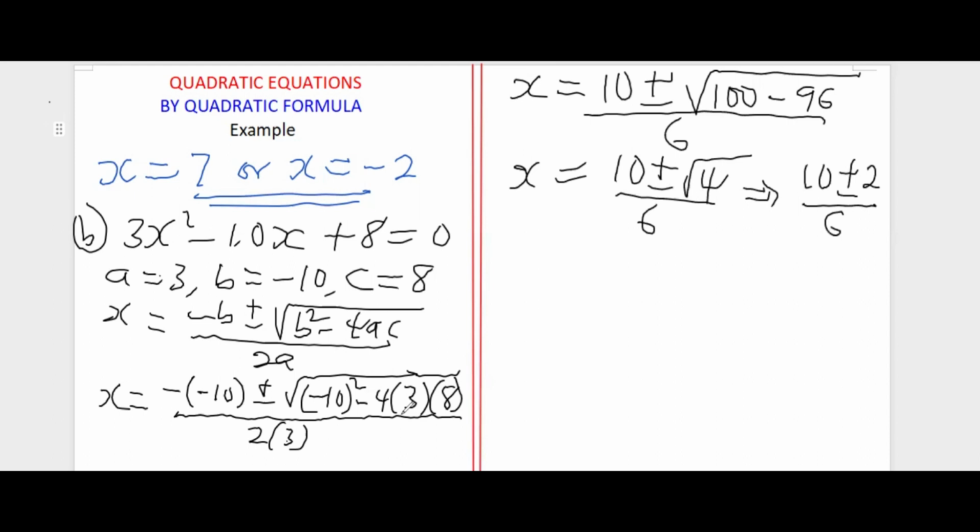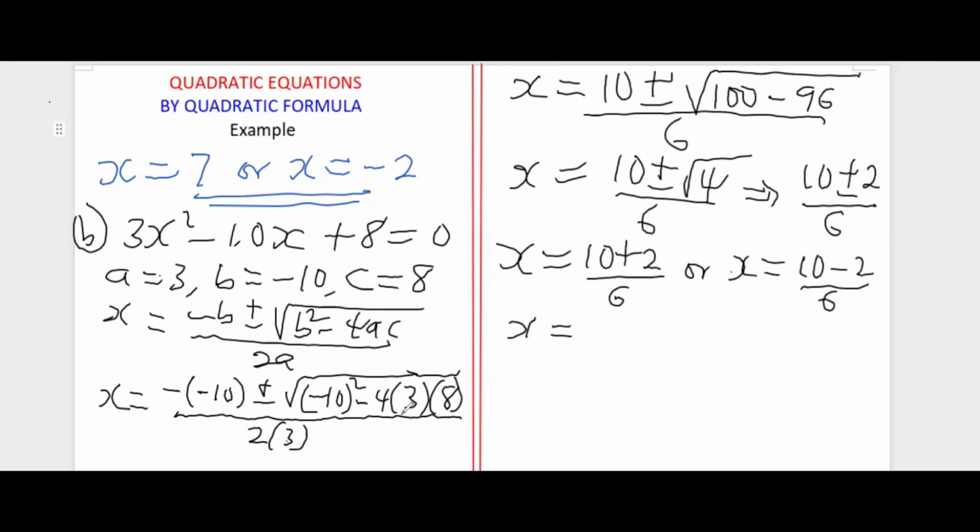So we can separate the sign as x equals 10 plus 2 over 6, or x equals 10 minus 2 over 6. And this will eventually give us 10 plus 2 is 12, divided by 6 is 2, or 10 minus 2 is 8, divided by 6. x equals 8 over 6.